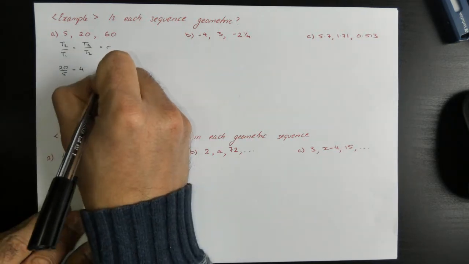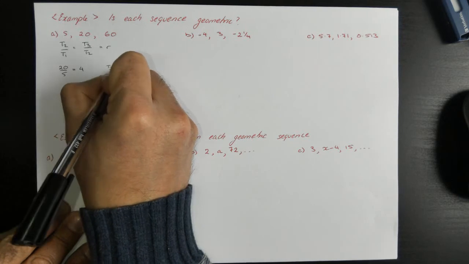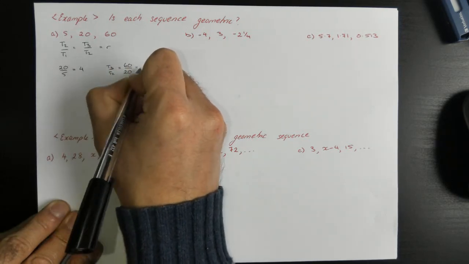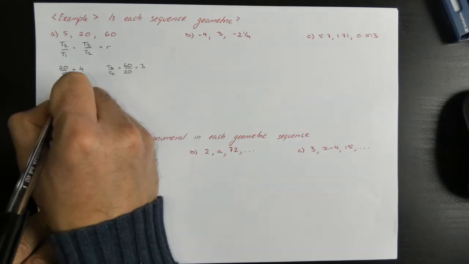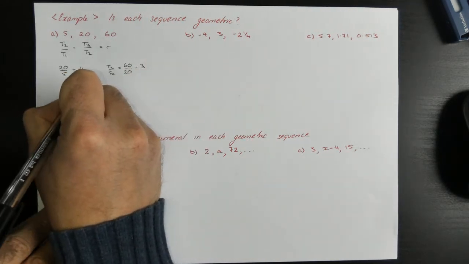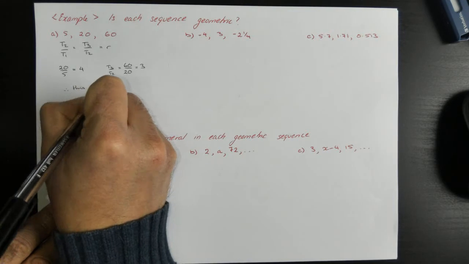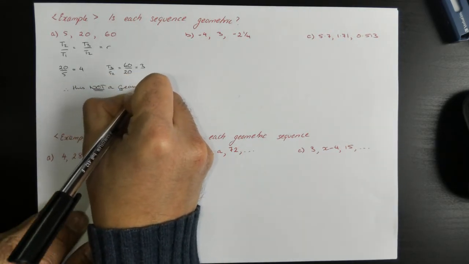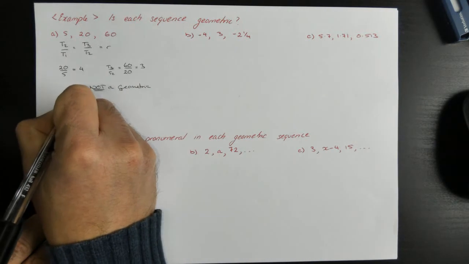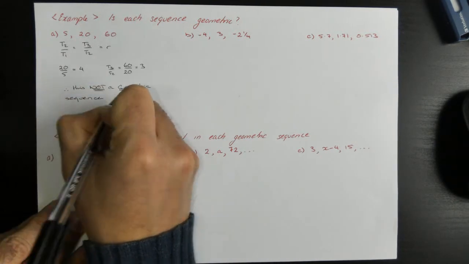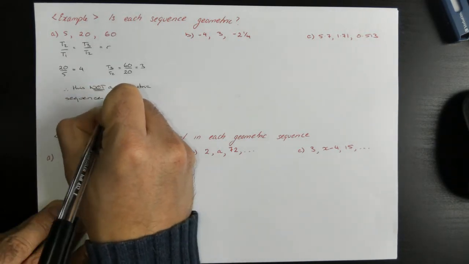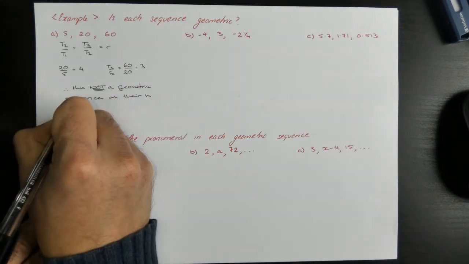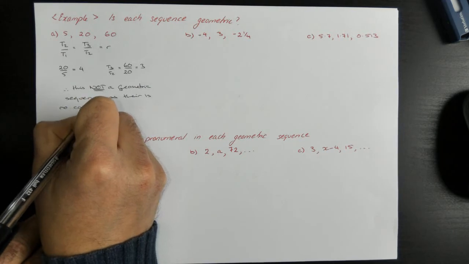Now T3 on T2 is 60 over 20, which equals 3. So therefore, this is not a geometric sequence, as there is no common ratio.